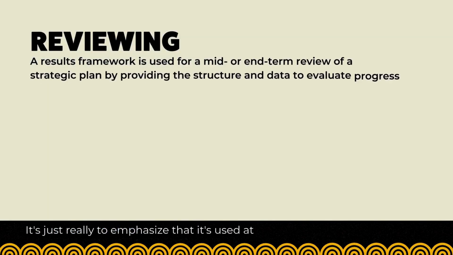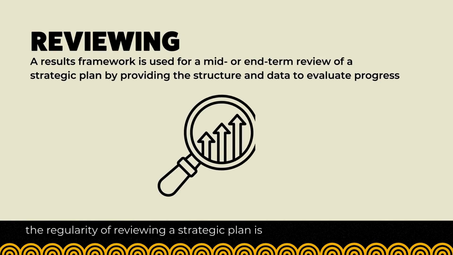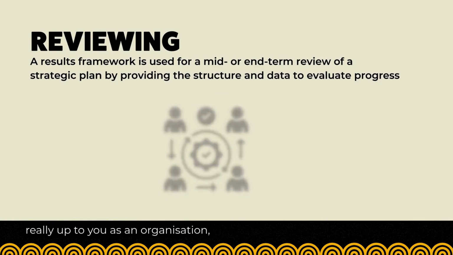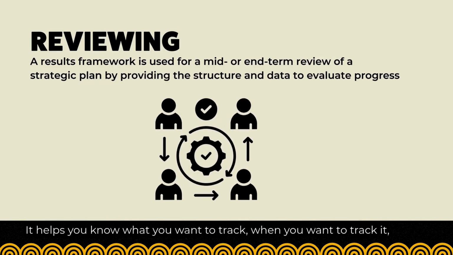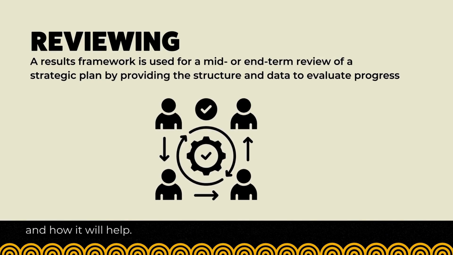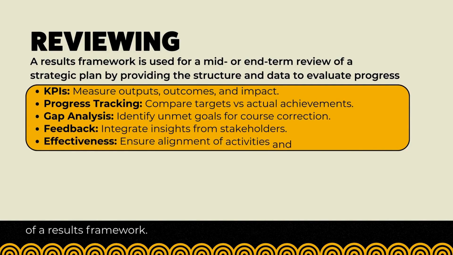The results framework, it's just really to emphasize that it's used at midterm or end term stage. Again, the regularity of reviewing a strategic plan is really up to you as an organization, but it provides a structure. It helps you know what you want to track, when you want to track it, and how it will help. And what you see there is just the components of a results framework.